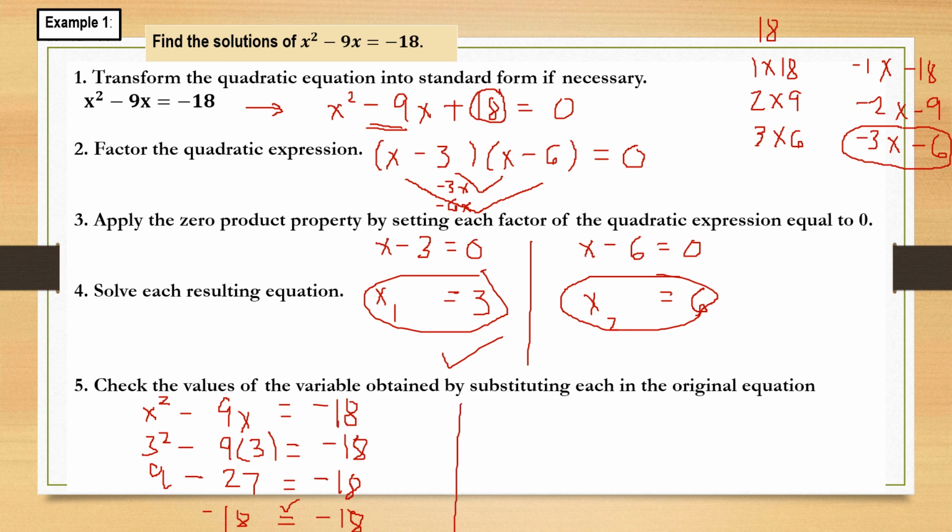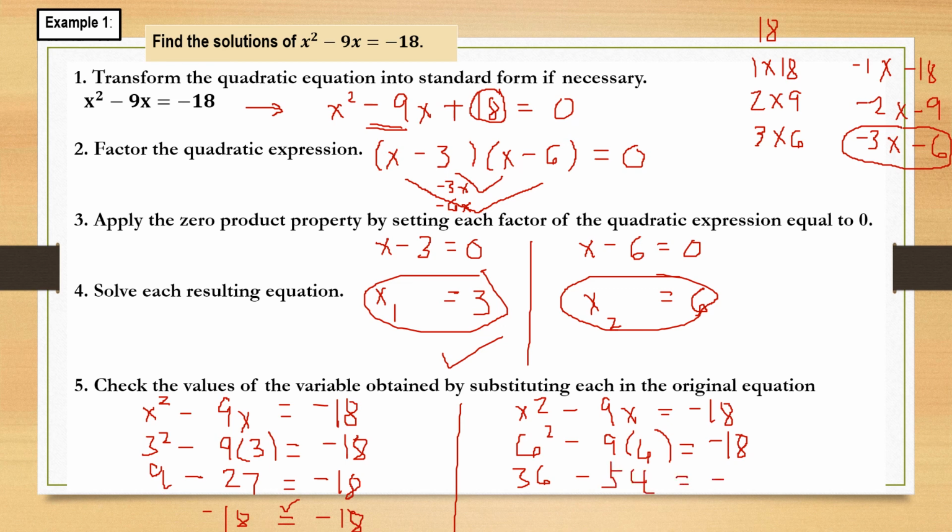Let us try x is equal to 6. So in the original equation, x squared minus 9x equals negative 18. We will substitute 6 to x. So it becomes 6 squared minus 9 times 6 is equal to negative 18. 36 minus 9 times 6 is 54.